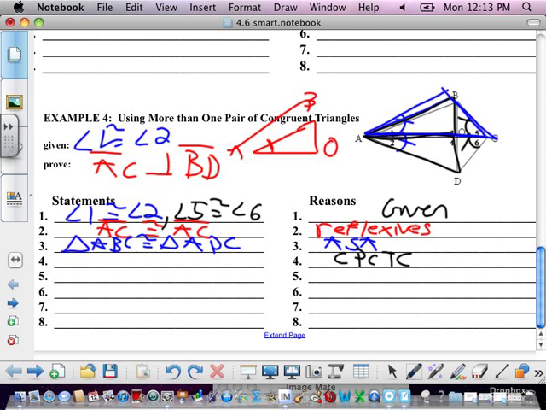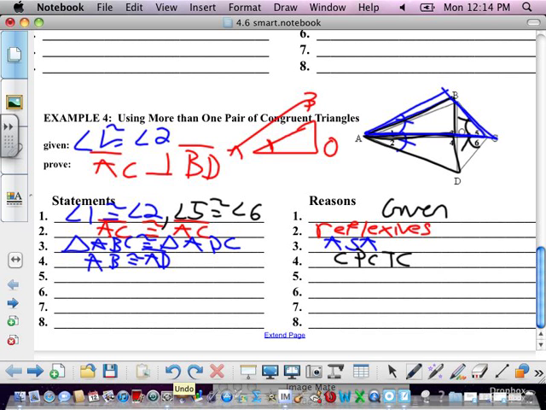This triangle is A, B, C. What letters do they have in common? B, A and C. So side AB is congruent to side BA, AD. AB is congruent to AD by CPCTC.